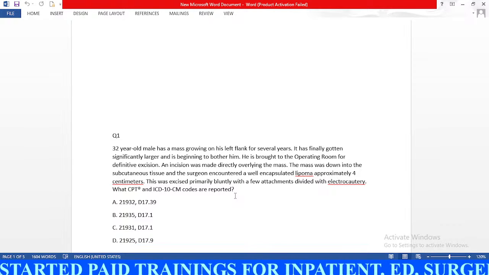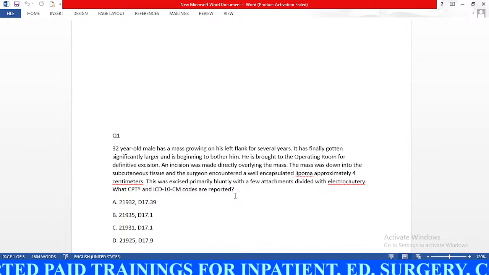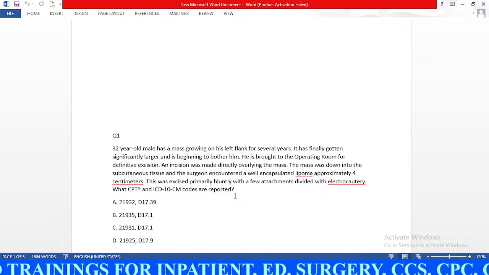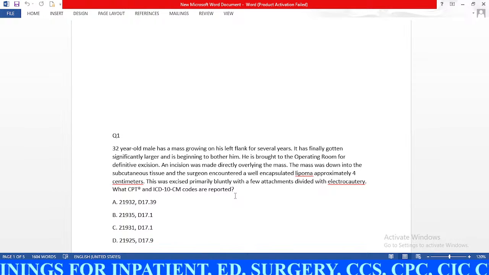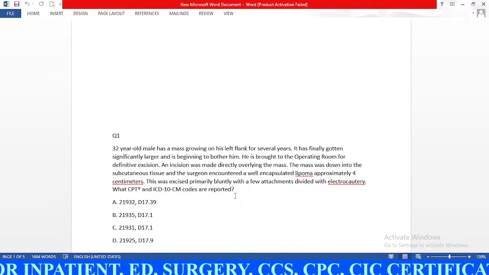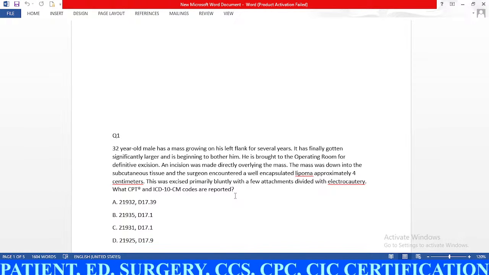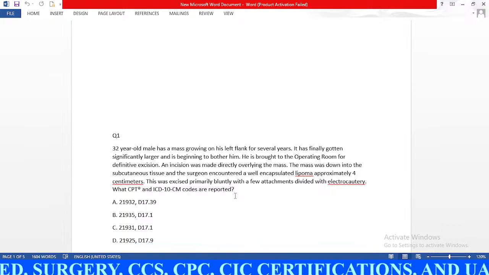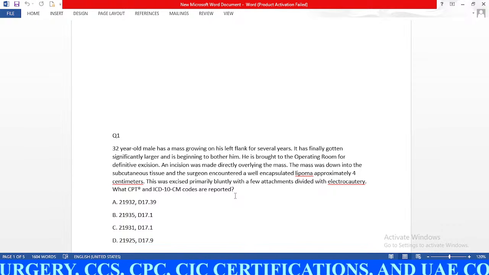Good Manjur. These lipomas are very important in live coding, so you need to have a good understanding of excision of lipomas. Lipomas are very common procedures performed in ambulatory surgery centers.